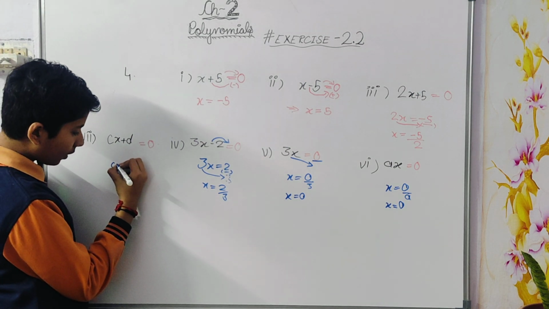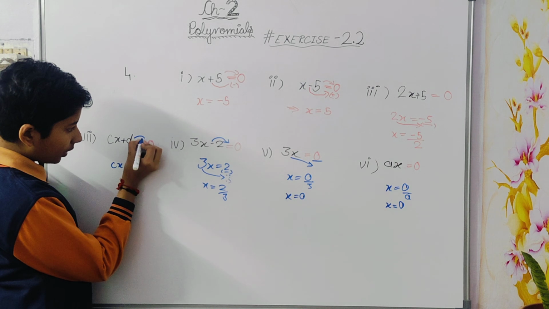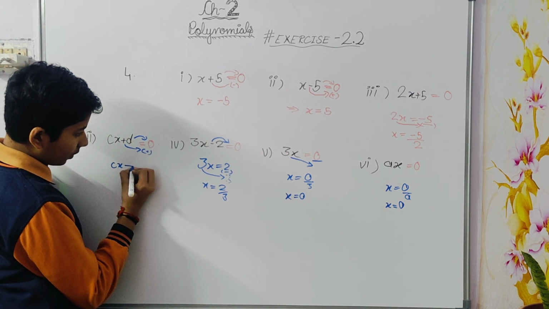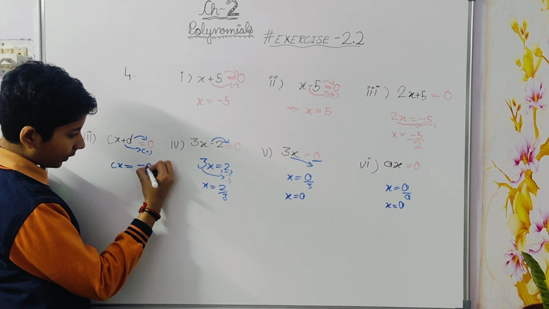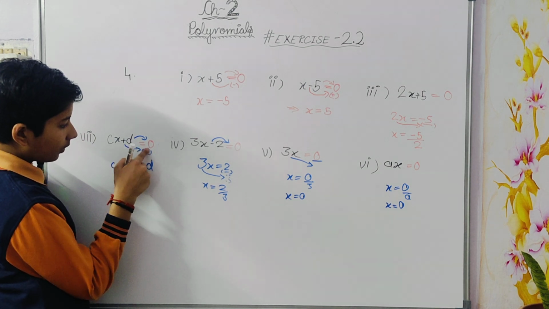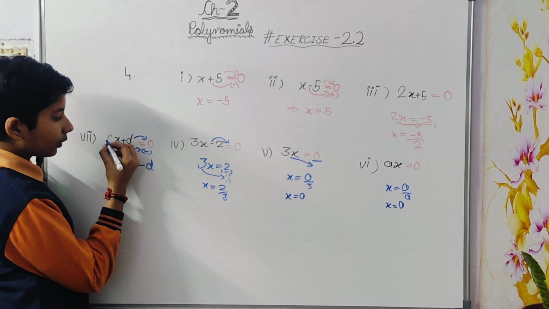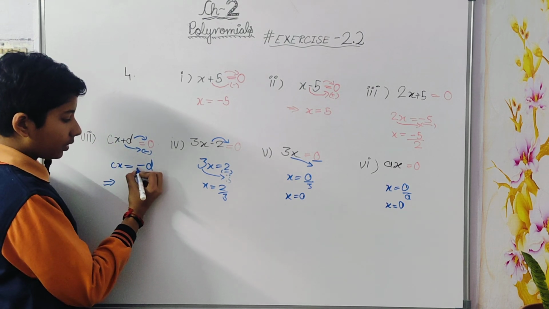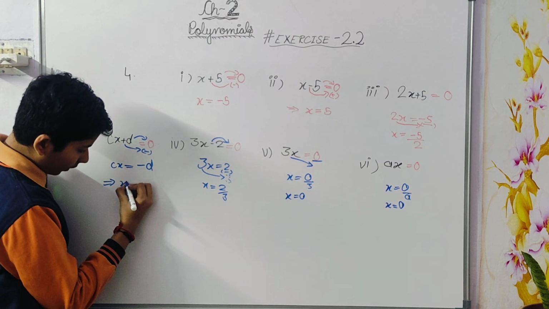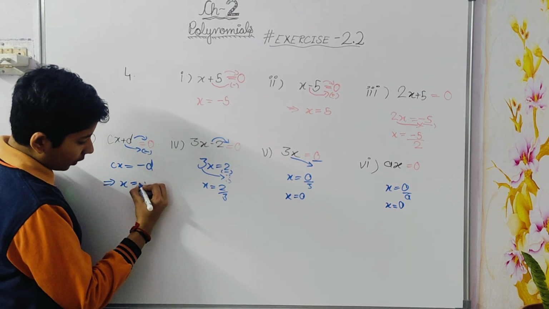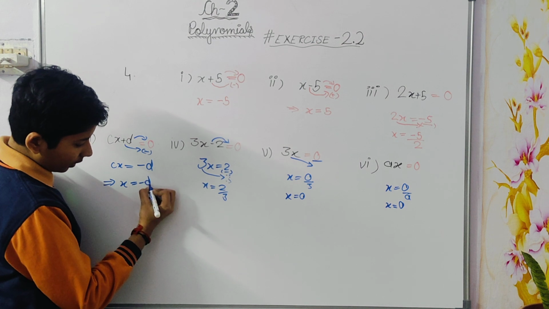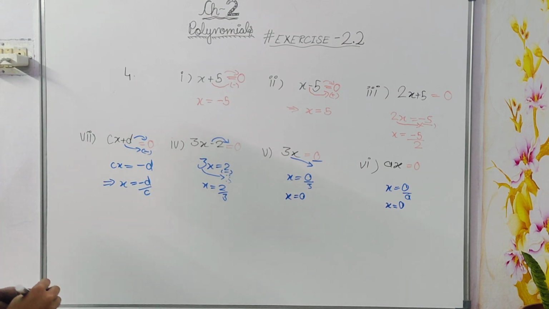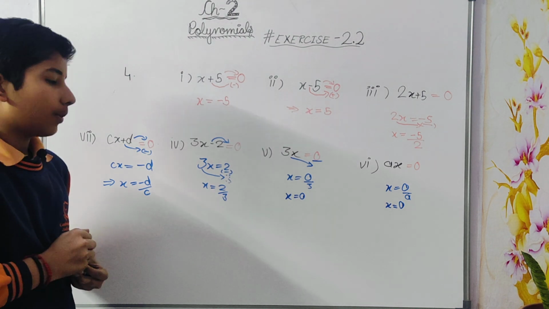Now cx, this d will go there, the plus symbol becomes minus, so it will be minus d. Okay, so now cx equals to minus d, so what will x be? X equals to minus d getting divided by c. This is our answer, x equals to minus d by c.